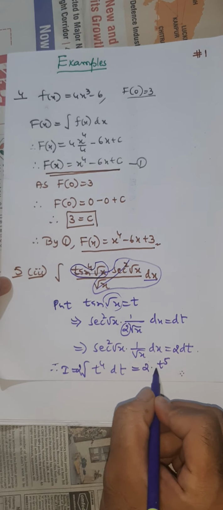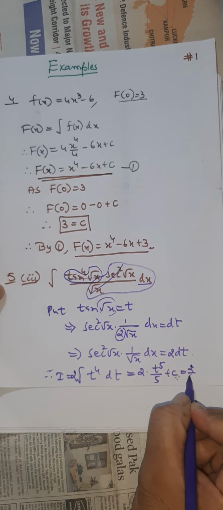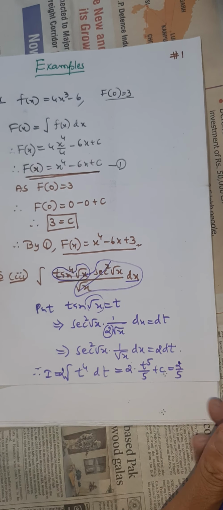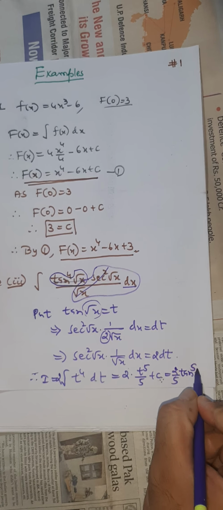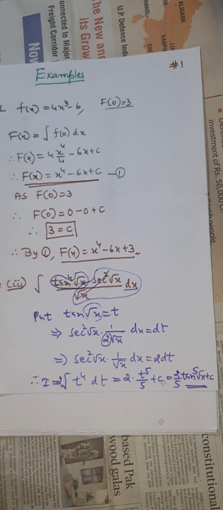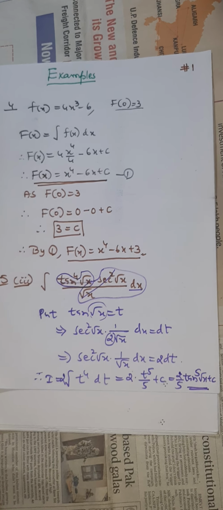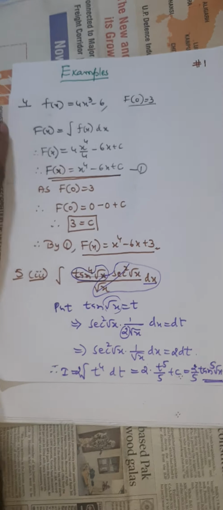T raised to 5 by 5 plus c. And now finally put the value of t. What was t? That is tan root x. So tan raised to 5 root x plus c. That's the required integral.